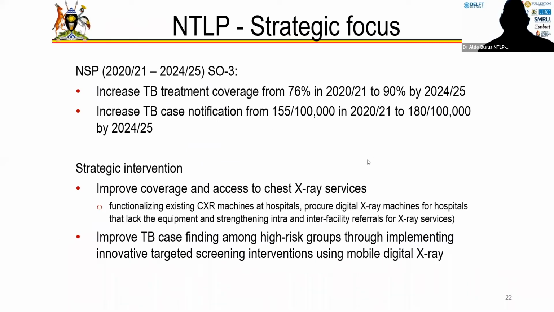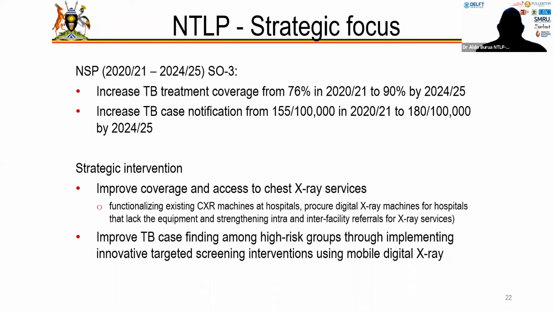Our strategic focus in the National Strategic Plan of 2021 to 2025, one of the strategic objectives, is to increase the TB treatment coverage from 76% to 90% by 2024-25.